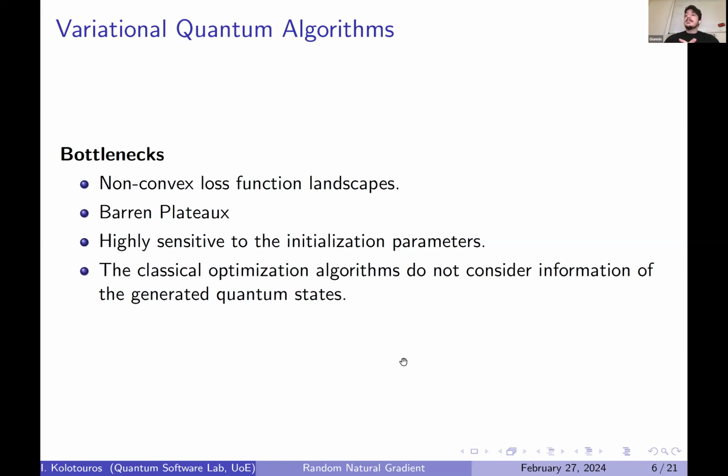You're only taking information about the loss function, its derivatives, its higher order derivatives, but you're not looking at the state and how the state changes. So there's extra information there that you can actually exploit and be really useful. The thing is that you have to exploit it fast in order to be practical.